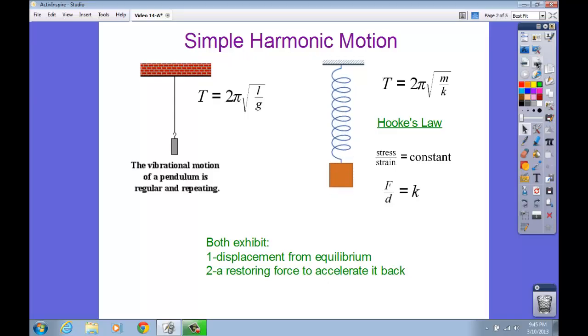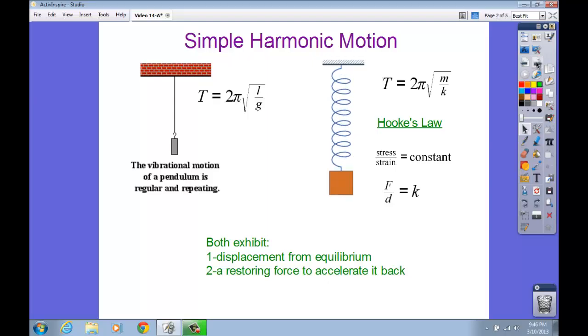Shorter pendulum swings faster. We looked last chapter at a mass on a spring, where the period of the mass on the spring is equal to 2 pi times the square root of the mass over the spring constant. So where the length of a pendulum determines its period, the mass on the spring will determine its period.